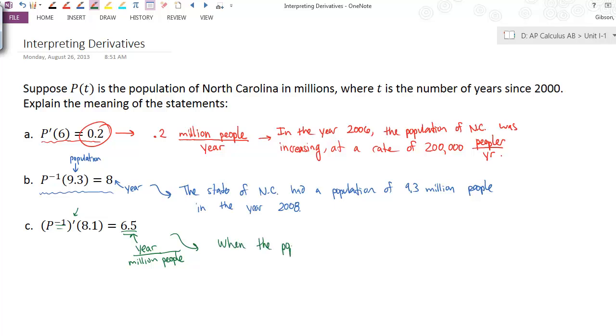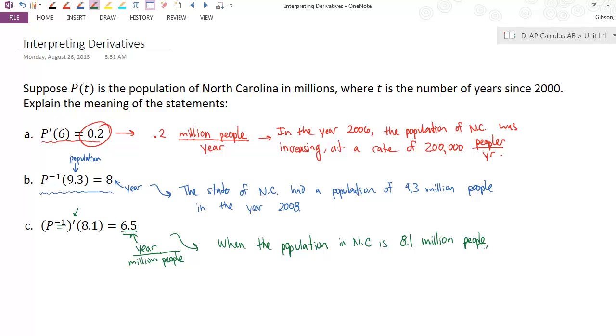So what this is saying here is, when the population in North Carolina is 8.1 million people, right? That's what that 8.1 there is, P inverse prime of 8.1. We know something is changing. What's changing? The population is changing. It's going to take 6.5 years for there to be another million people.